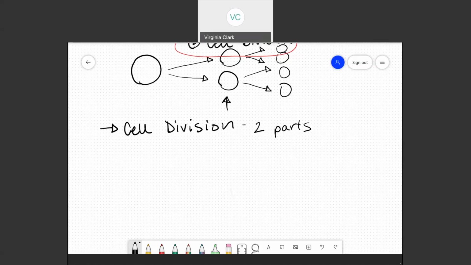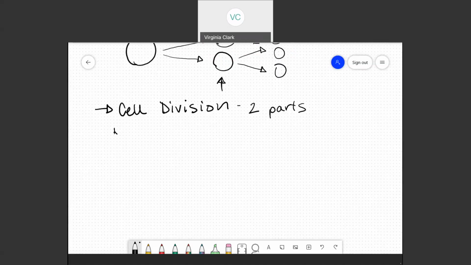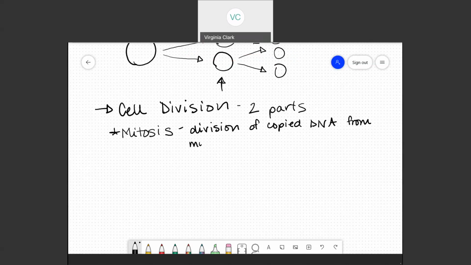The first part is going to be called mitosis. And mitosis is going to be the division of copied DNA. And these will divide from the mother cell, is what it's called, to the two daughter cells.